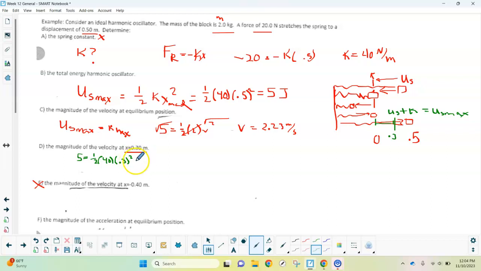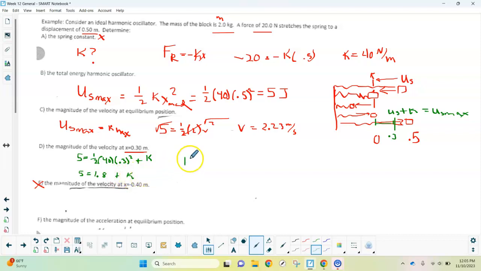And that's plus the kinetic energy. So the kinetic energy is where the velocity is. I'm just going to solve for kinetic energy first. This value here, when you do 1/2 times 40 times 0.3 squared, that's 1.8. So it's 5 equals 1.8 plus the kinetic energy.